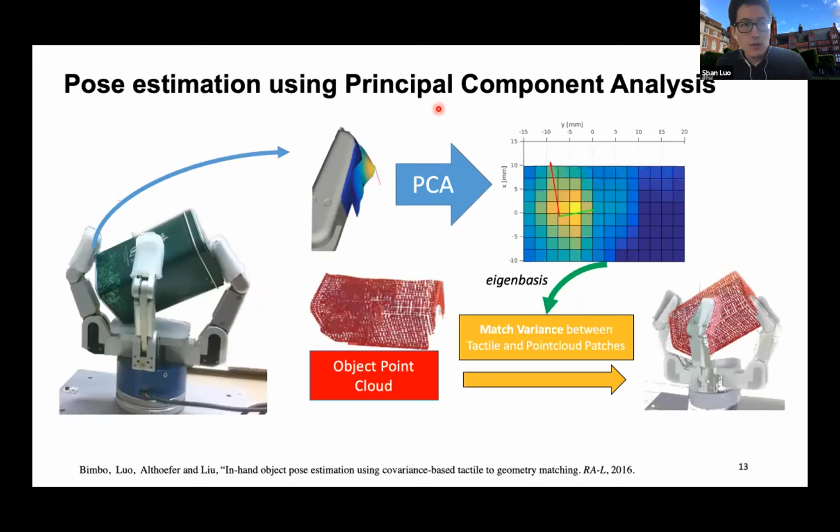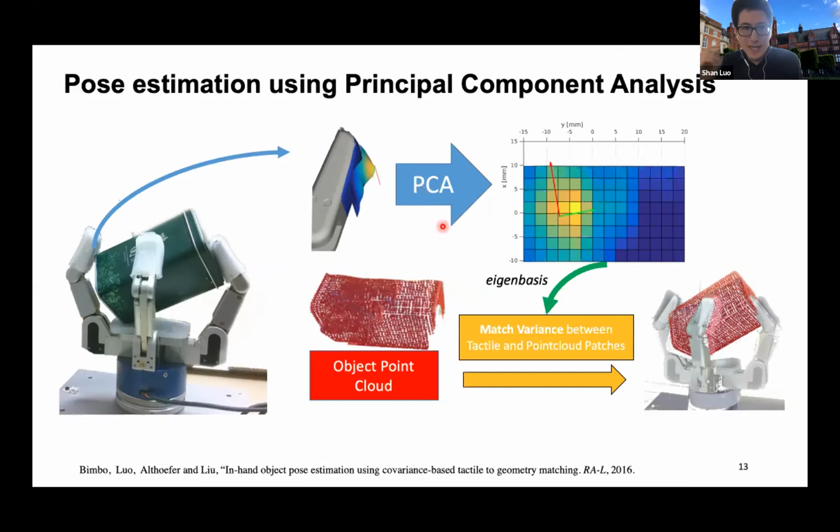And we can also use this tactile data for pose estimation. For example, here we have a robot hand equipped with tactile sensors as the fingertips. We can get the tactile data from each of these 3 fingertips, and then apply principal component analysis to get handcrafted features from PCA.